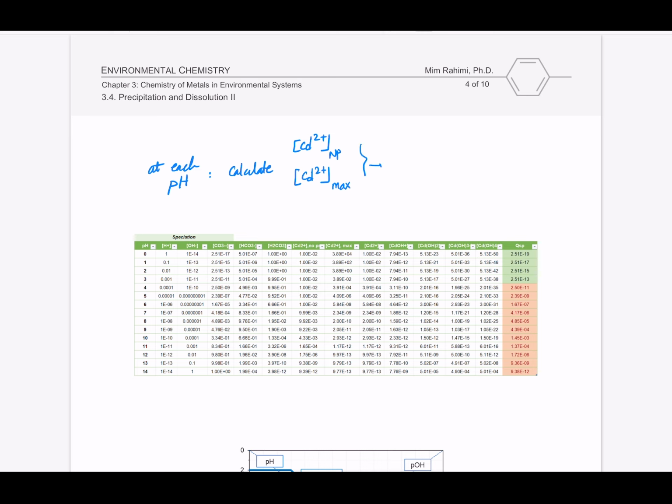And then we take the minimum, and that would be the concentration of the cadmium 2 plus. And then once we have the cadmium 2 plus, we can use it to solve for other species.